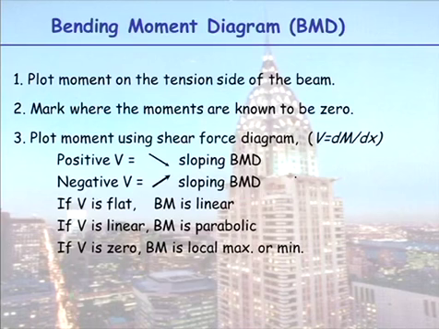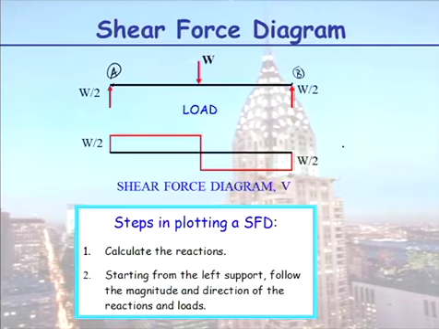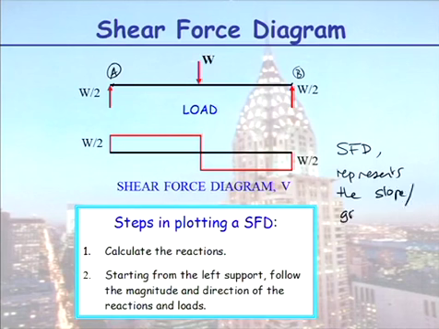Bending moment diagrams. Very importantly, we utilise the relationship between shear and bending. When you draw your shear force diagram here, we know it's the shear force diagram, but it also represents the slope, the gradient of the bending moment diagram, and that's because V is equal to dM/dx.